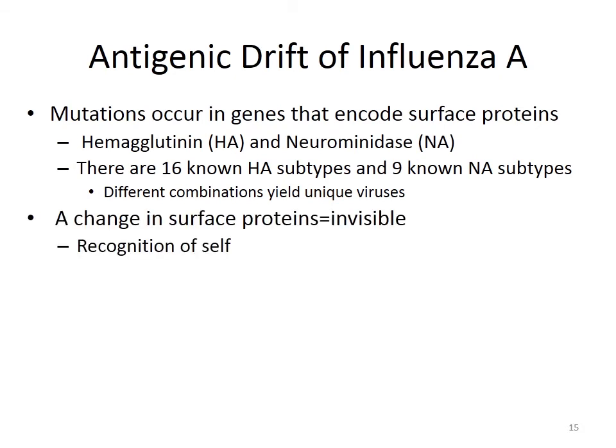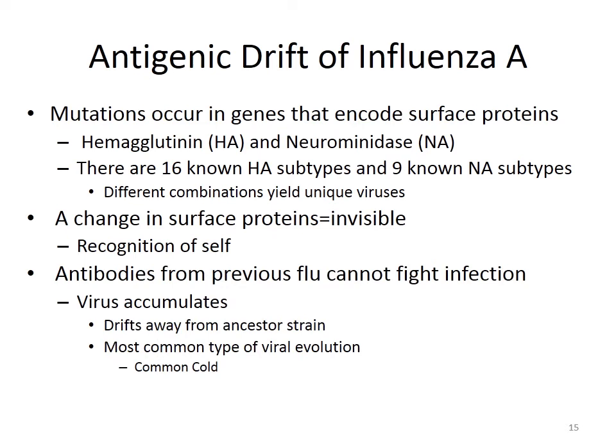They can also make a change in surface proteins so that they become essentially invisible, or the host recognizes the viruses as themselves rather than an invader. This is why antibodies from the previous flu can't fight infections: the virus accumulates these mutations and they drift away from the ancestor strain, and you get this viral evolution of the common cold or the common flu.